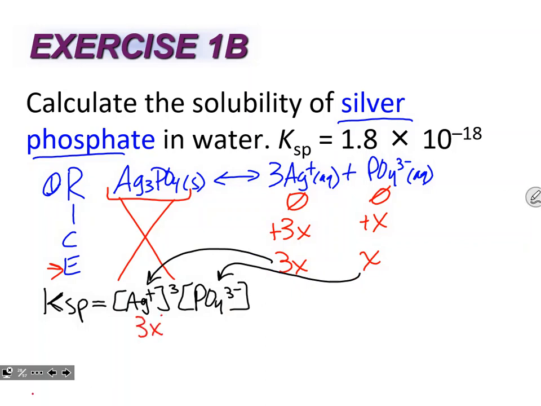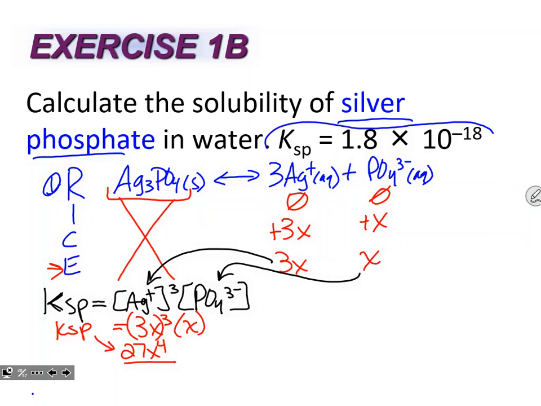So the 3x to the 3rd times the x, and this is where we get that KSP equals 27x to the 4th. Now we can plug in our KSP value. 1.8 times 10 to the minus 18 equals 27x to the 4th. And we need to solve for x here.